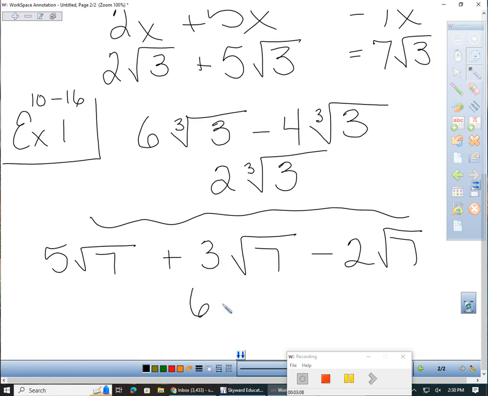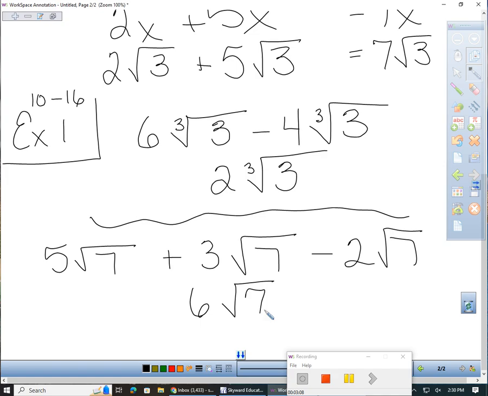So this would be 6 square roots of 7. So we just add those coefficients. It's just like they're like terms. That's it. There's no tricks, no nothing.